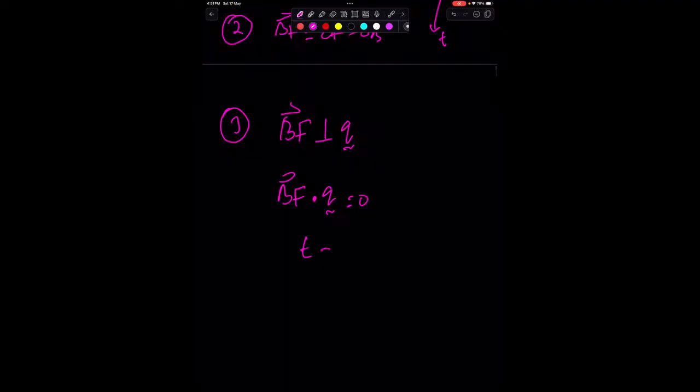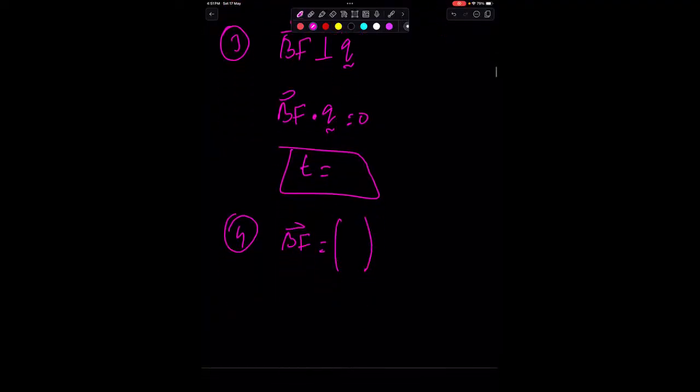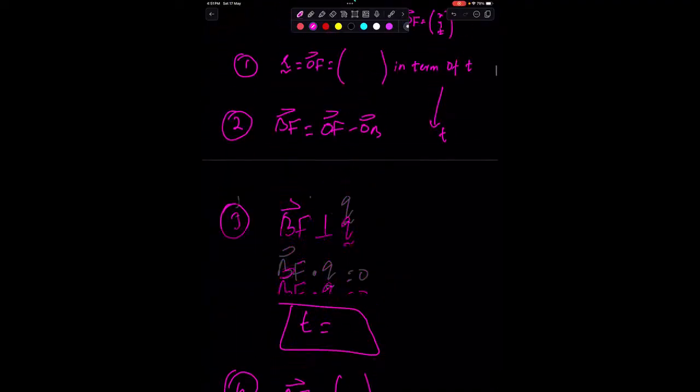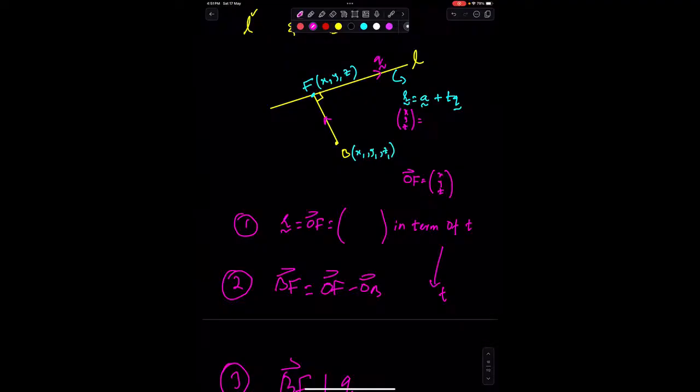When you use this, you will get the value of T. Now the next step: substitute T back into BF and get the vector BF. Next, get the magnitude of BF. So this is the concept of shortest distance in vectors.